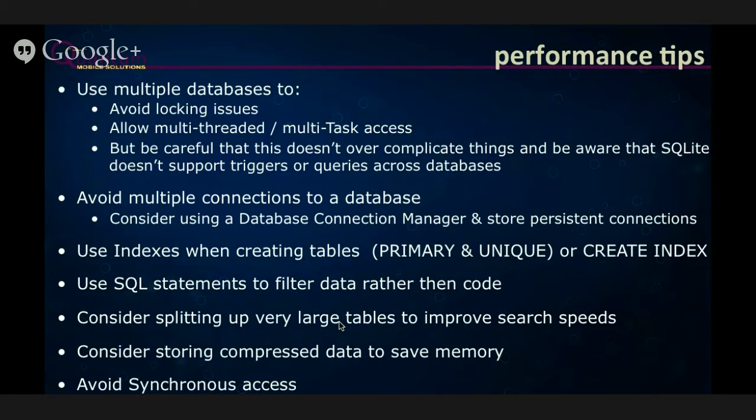Avoid multiple connections to a database. That can be very bad. You can get all sorts of unforeseen consequences from that. But if nothing else, there's an overhead, both in memory and speed, each time you have a connection to a database. Now, if you really don't want to have to open up a connection each time you're going to access the database, you could maintain a persistent connection.